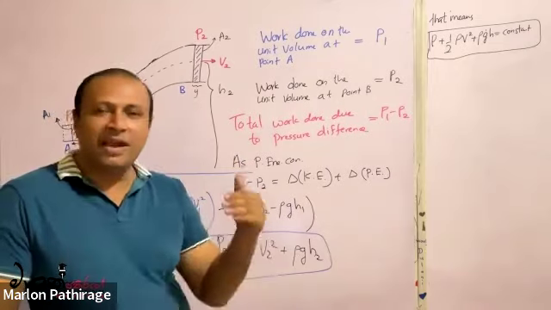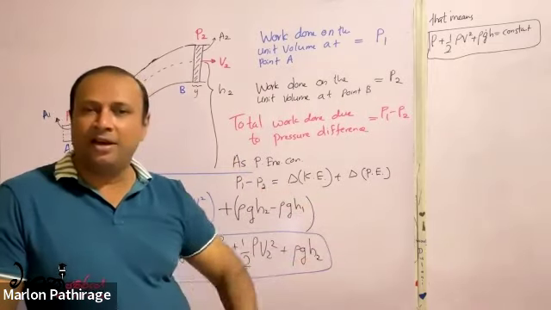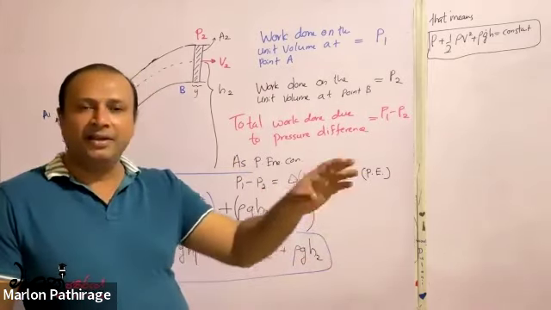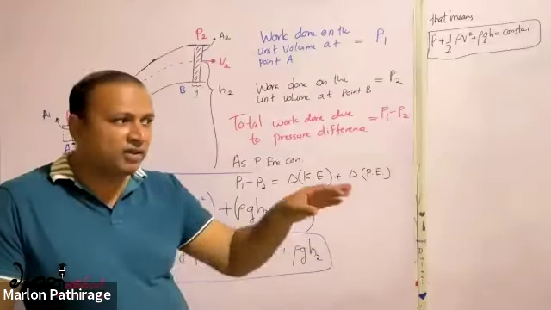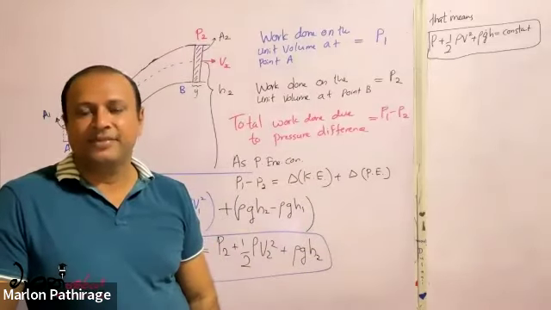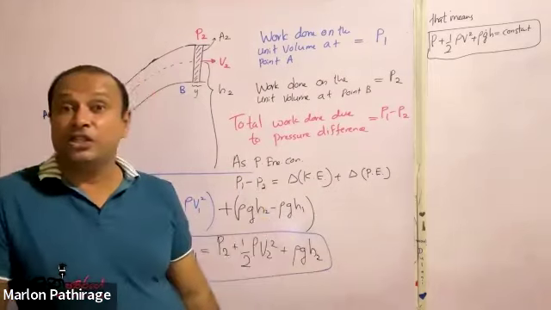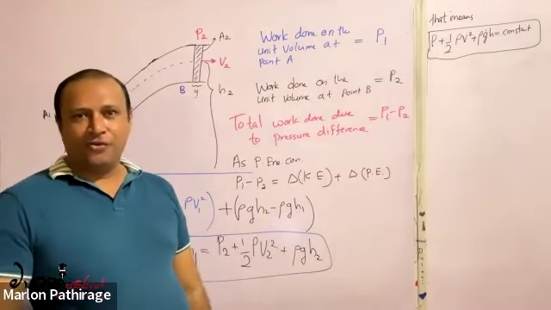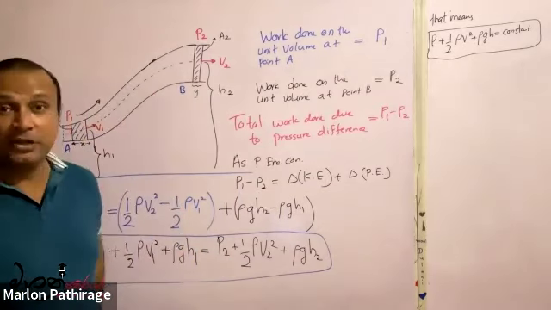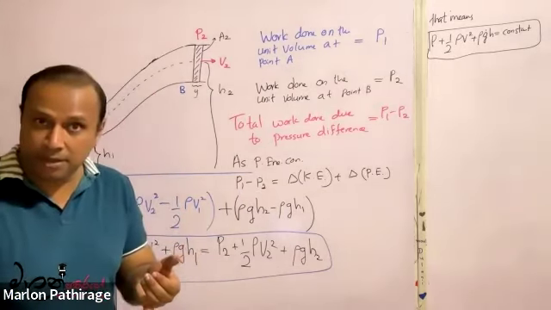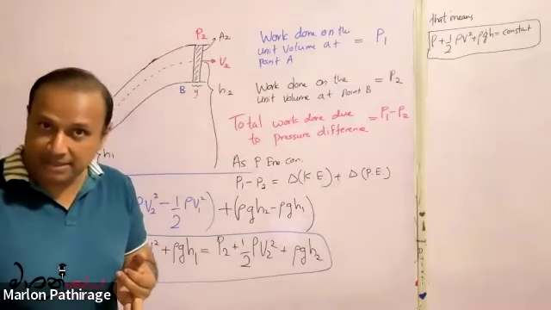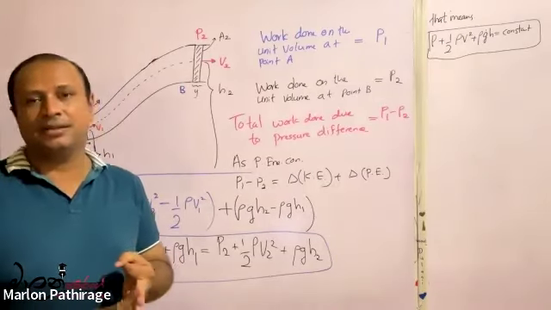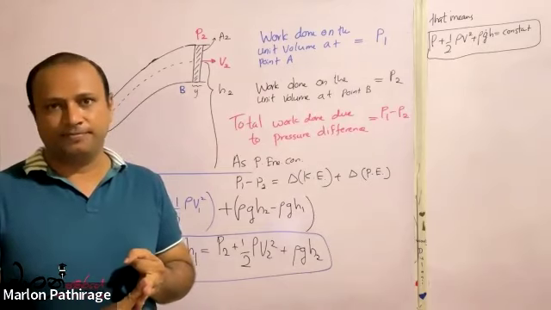Because if there is turbulence within the fluid, definitely energy can be consumed for that. If so, this equation will not be valid. Therefore, this fluid should be an incompressible, non-viscous, steady state streamline flow.